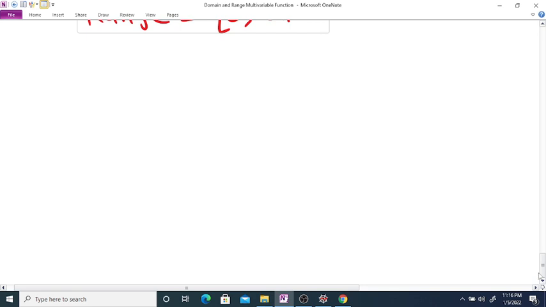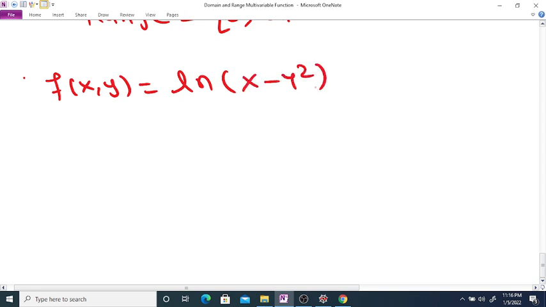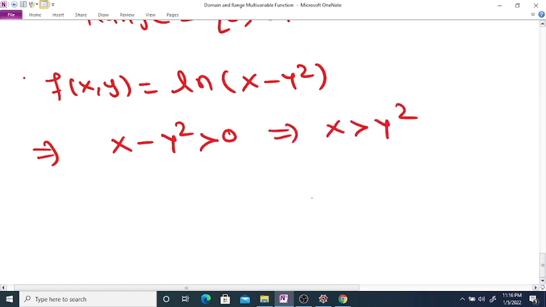Now next, if we consider one more example, say f(x, y) is equal to ln of (x minus y square), then we know that the logarithmic function is defined only if x minus y square is greater than 0, that is, x is greater than y square.